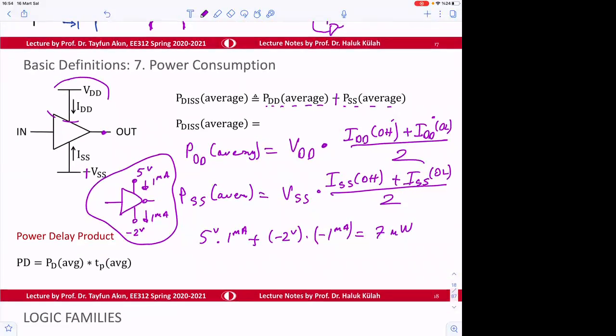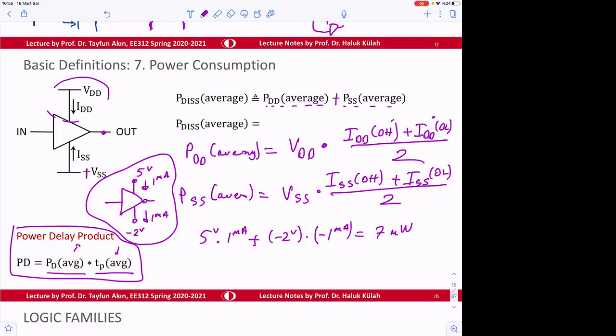So therefore, average power times average delay is a parameter to consider, called the power delay product.